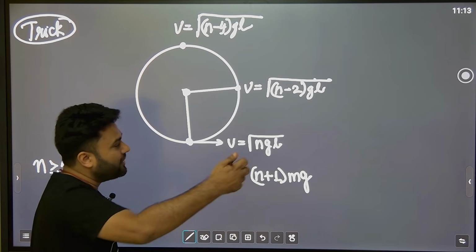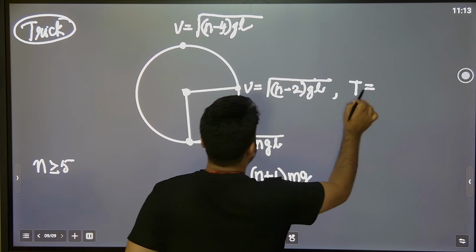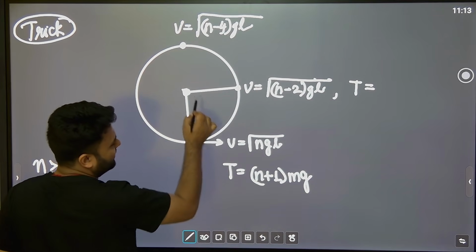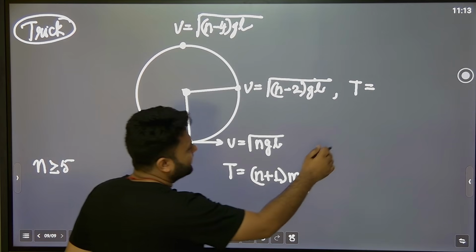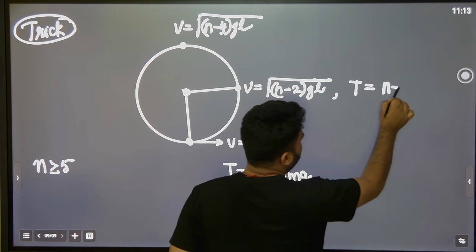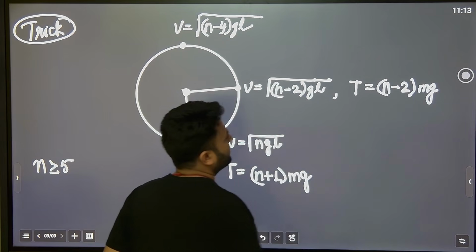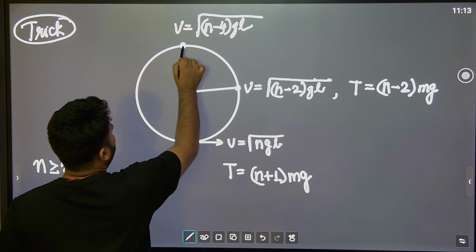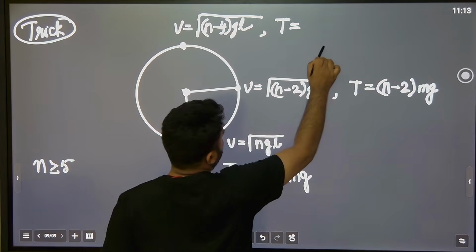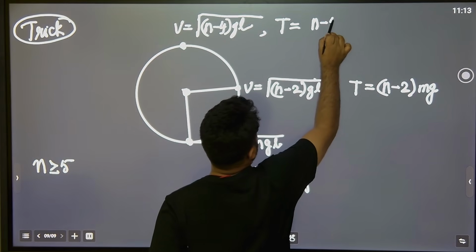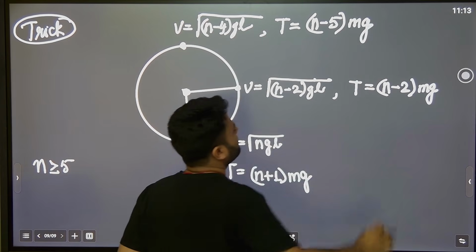So n plus 1 minus 3 means, suppose they ask what is the tension in the string here, n minus 2 mg. Similarly, they will ask what is the tension at the topmost point. Again, you subtract 3. So n minus 2 minus 3 means n minus 5 mg. Correct?